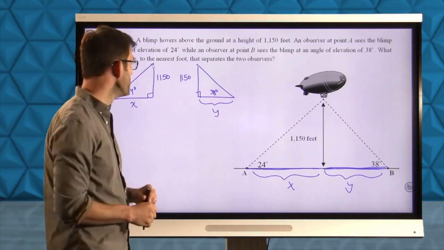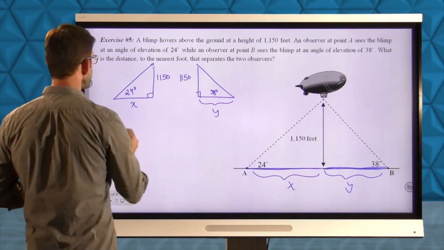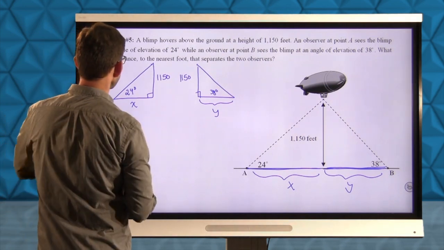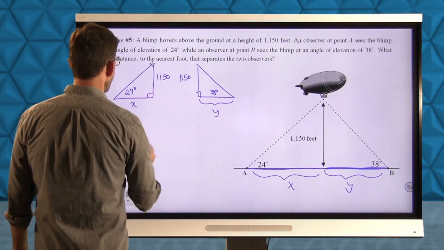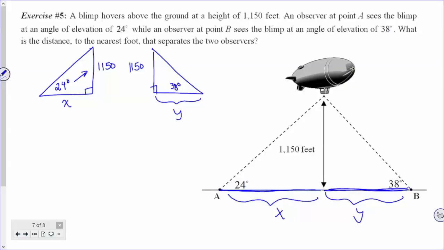All right, let's go through it. In both cases, one of the nice things is that the trig ratio is going to be the same, and that trig ratio is the tangent ratio, because the side length we're trying to solve for is the adjacent side, and we know the opposite.